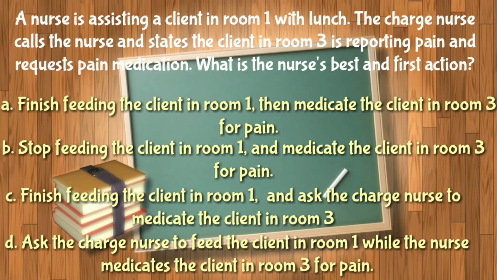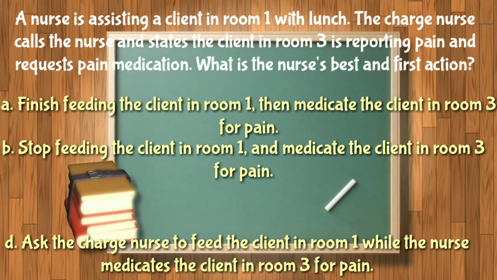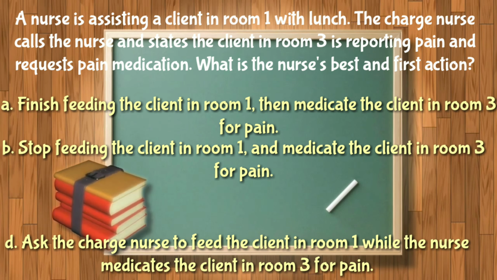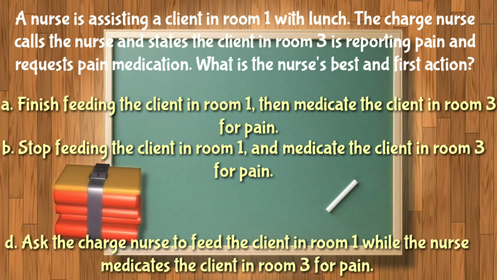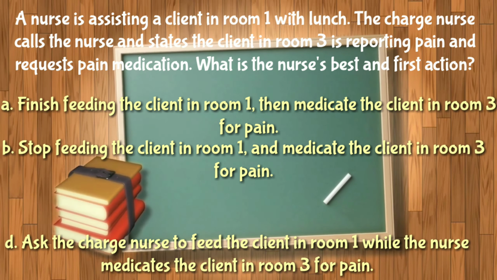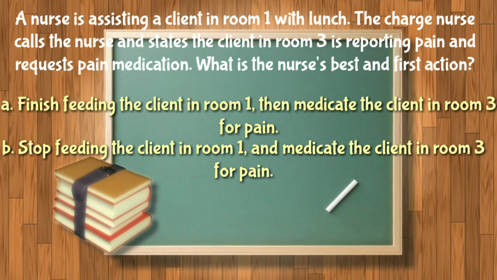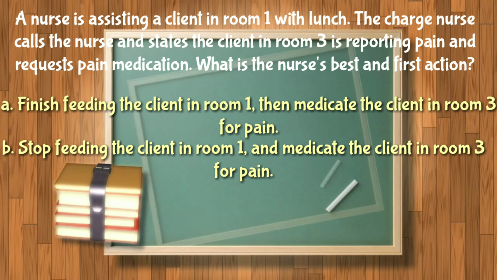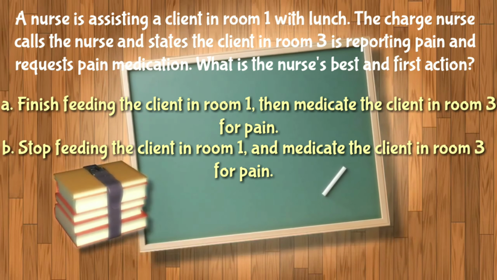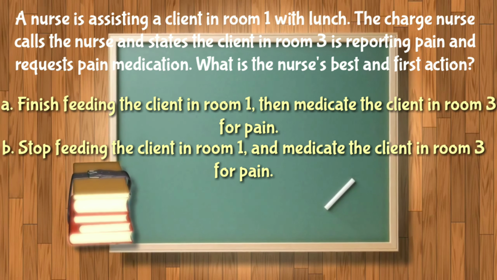So, letter C is eliminated. The task of feeding the client in room 1 can be delegated, but it should be delegated to an appropriate person such as a nursing assistant. So, letter D is eliminated. Compared to the two, the correct answer is letter B, because while eating is a priority, it does not take precedence over an individual with pain.